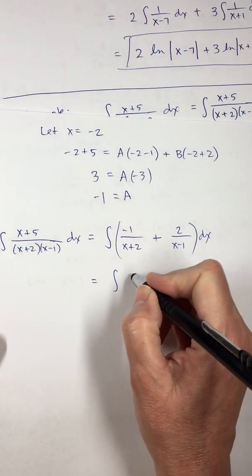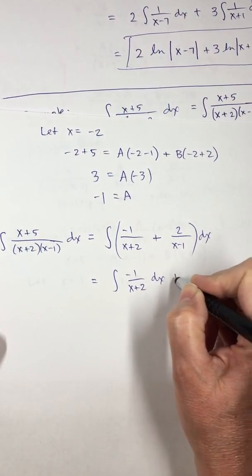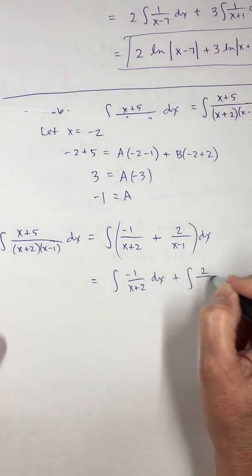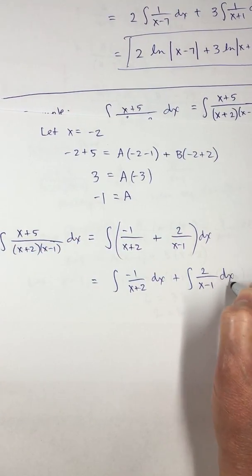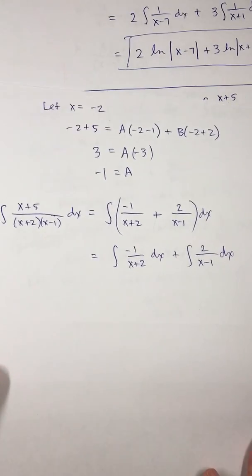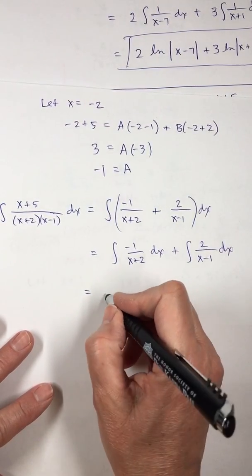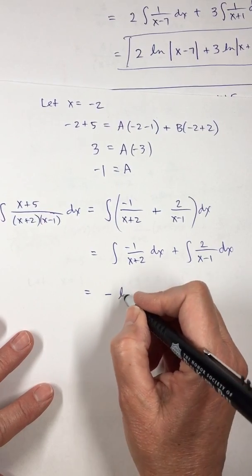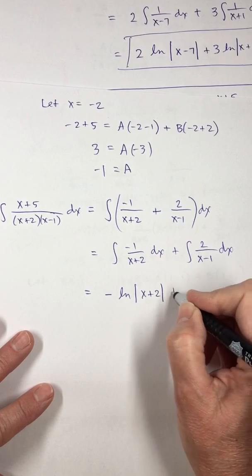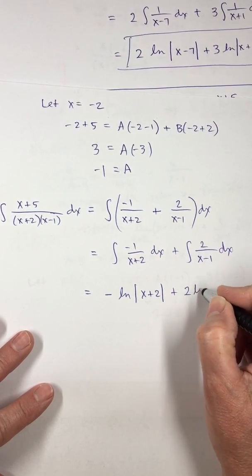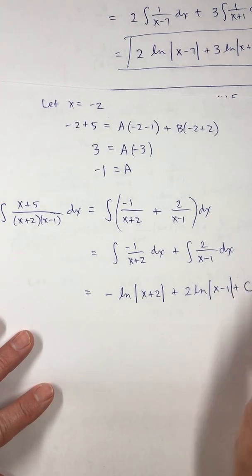Sometimes you might want to write the two separate integrals. Sometimes you'll just be comfortable working the problem from this step. And so the final answer is negative ln absolute x plus 2 plus 2 times ln absolute x minus 1 plus c.